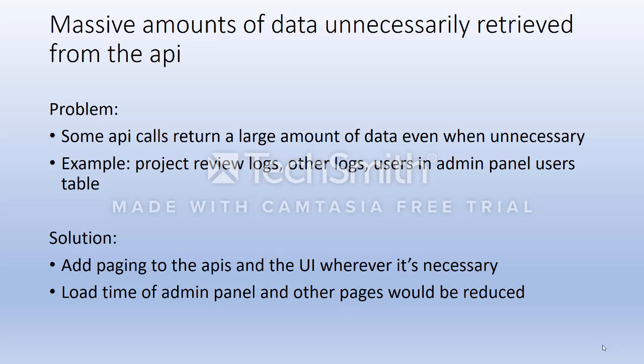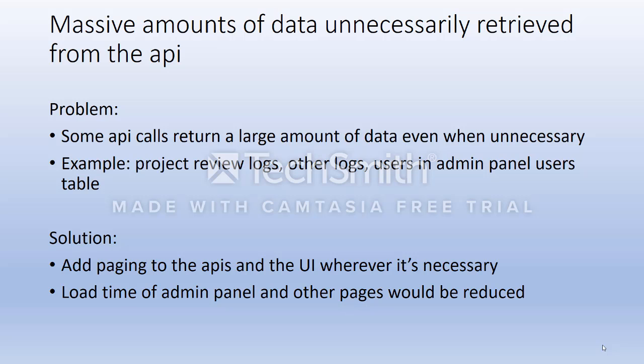If you check these on your development environment or even the VIP dev environment, you will not see any performance issues because you don't have enough data in there. But if you go into the production server and go, for example, to the admin panel, you will see that it takes a long time for the users table to be populated.